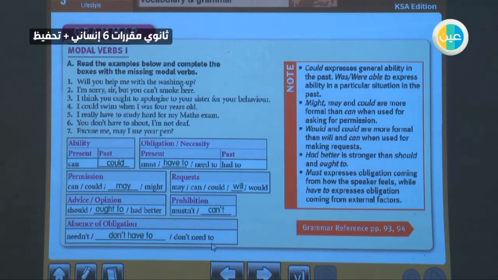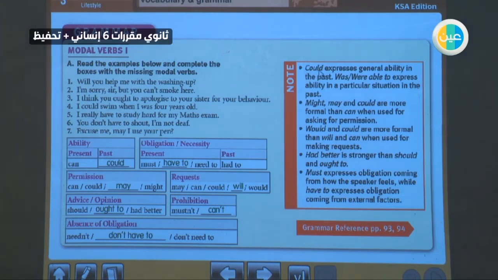So, if you go to your book, pages 93 and 94, you will have full explanations for all the modal verbs you can imagine and their uses. Please open your book, page 93, and check them all. Let's see this note. It's very important.